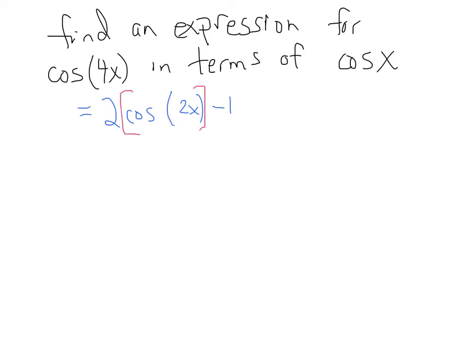I'm going to write it like this. Now, what can I replace cosine 2x with? Well, we just saw that. I'm going to say that this is 2 times something squared minus 1. What's that thing going to be squared? Well, go back to your identity for cosine 2x. Cosine 2x is 2 cosine squared x minus 1.